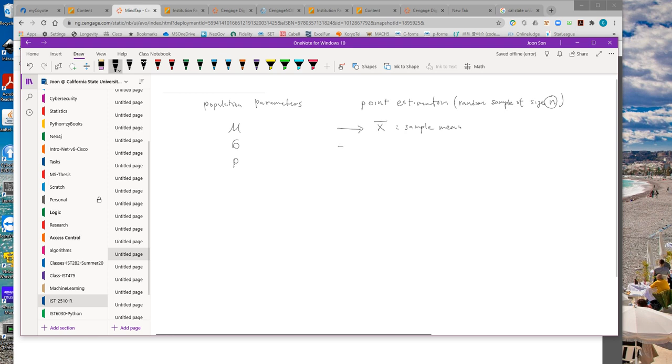The next one is for sigma, and we have the sample standard deviation.